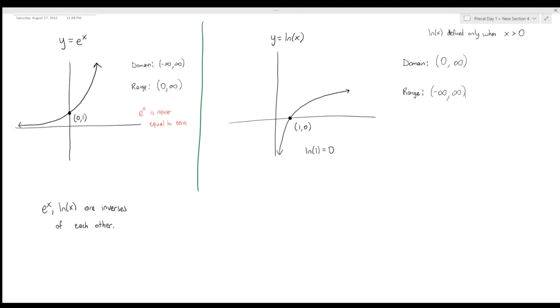Now, I'll mention a couple of properties of each of these functions.